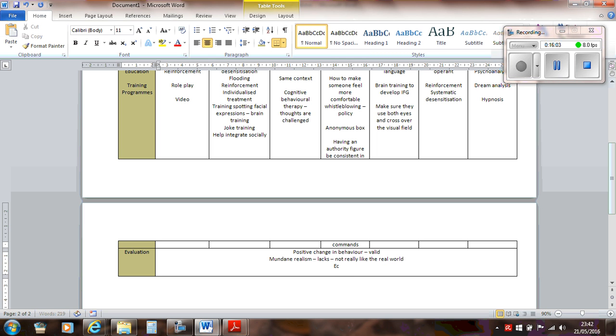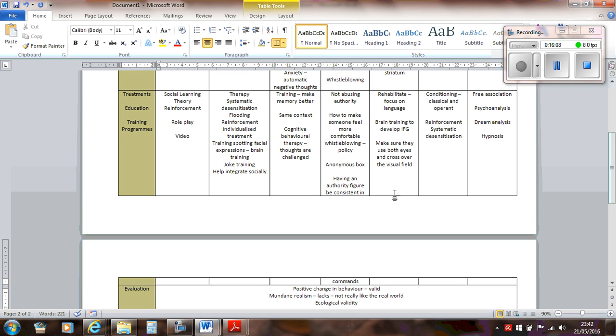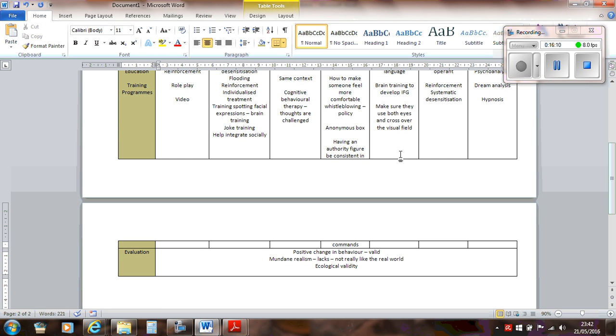Or you might say that it lacks ecological validity because it might work while they're there in a therapy session. It's linked to mundane realism, it might work, but then not in the real world. It won't work in the real world.